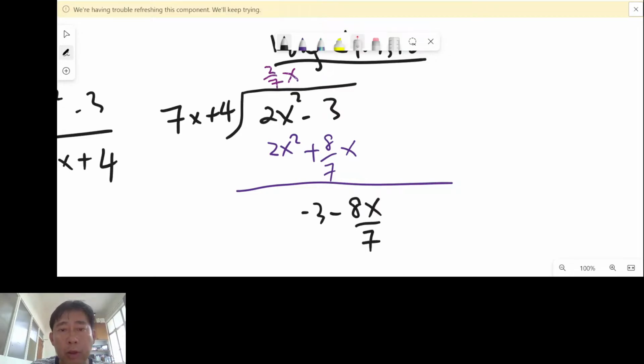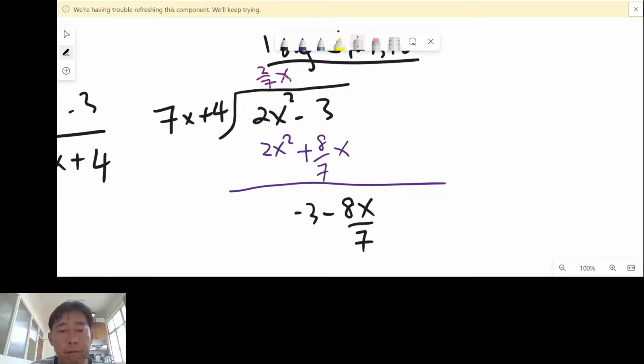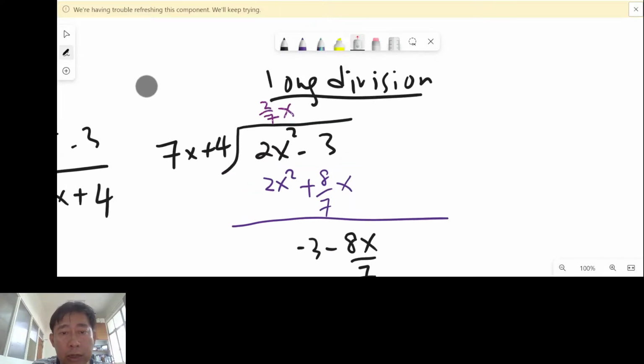Now we have to get rid of the x term. In the first instance we wanted to get rid of 2x squared, but at this level we want to get rid of 8x. How do you get rid of 8x? Here you must add some other number. What number should you add in?